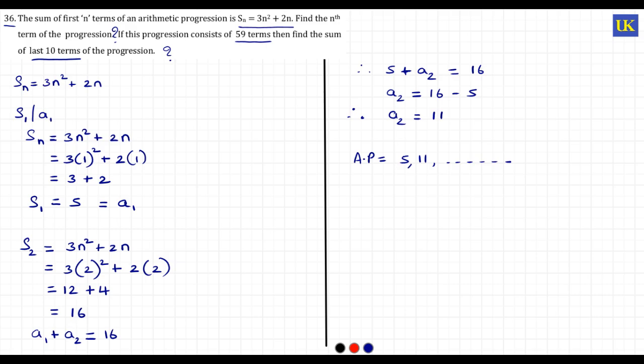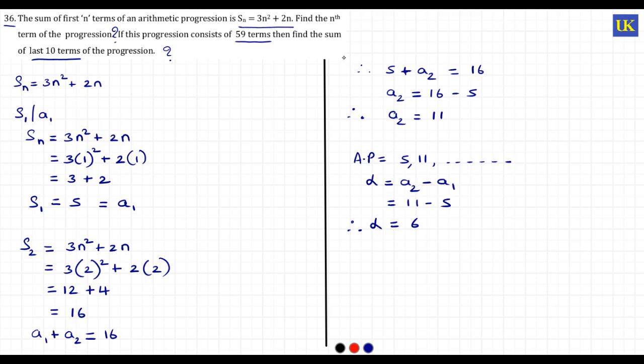Now we'll also find the value of D, right? So we'll find the common difference. We know that it can be found by subtracting the two terms. So A2 minus A1, so 11 minus 5 we will do. So we will get D as 6. So we now also have D with us.